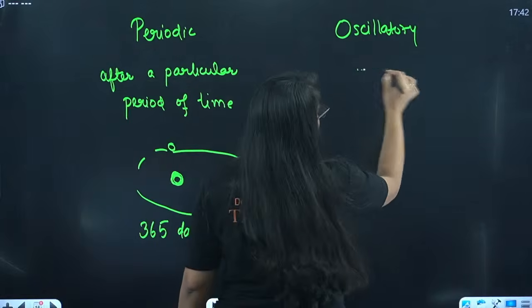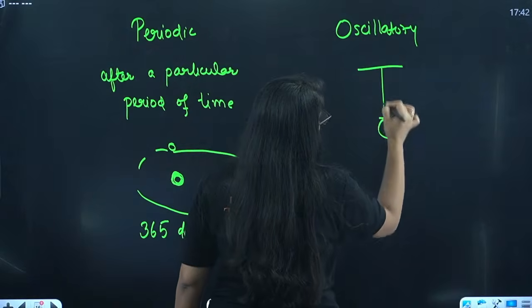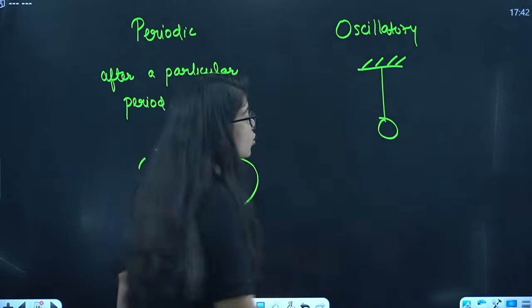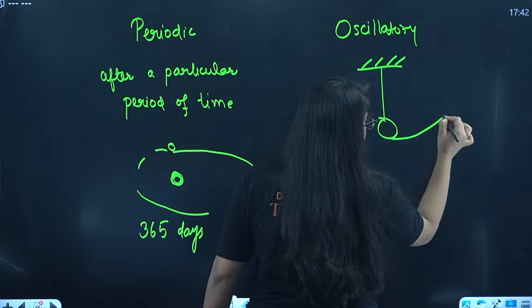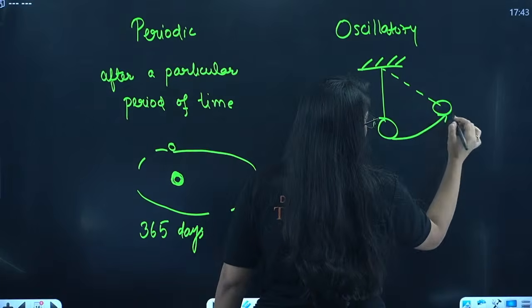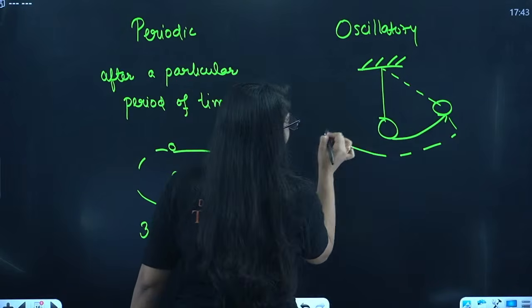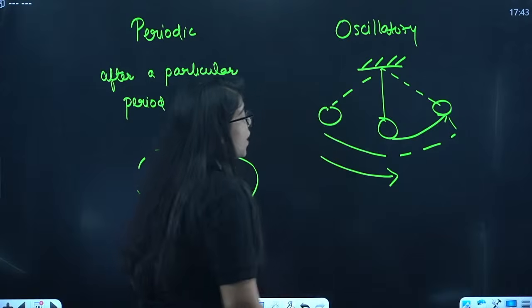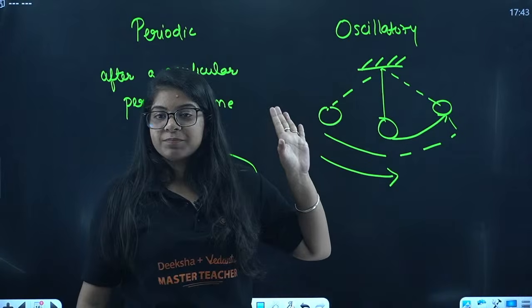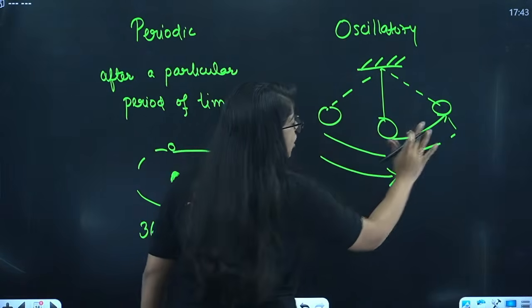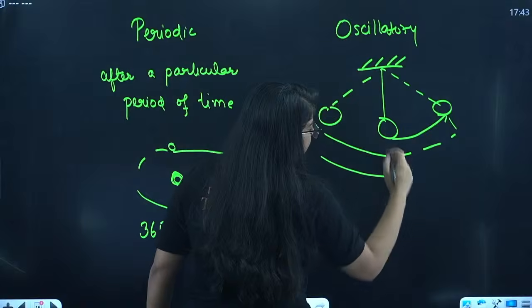Oscillatory, beta, you have seen pendulums, right? So this is your pendulum, okay? Or you must have some vintage watches in your home. So this pendulum goes like this. It goes here and it reaches its extreme position, we call it, and then it will come back and reach this position, then it will go back, right? So beta, this is oscillatory motion. Okay, it is oscillating about a mean position.